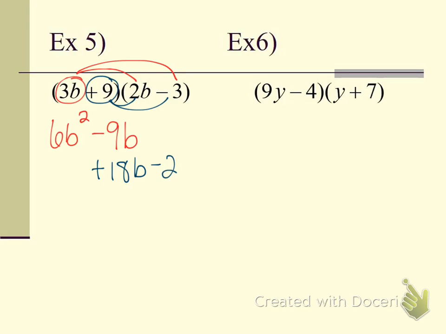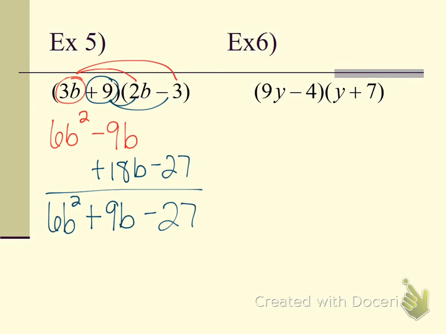Very good. Lining up my like terms. When I combine, there's nothing to combine with 6b squared. You should end up with a positive 9b in the middle. And there was nothing to combine with the negative 27.